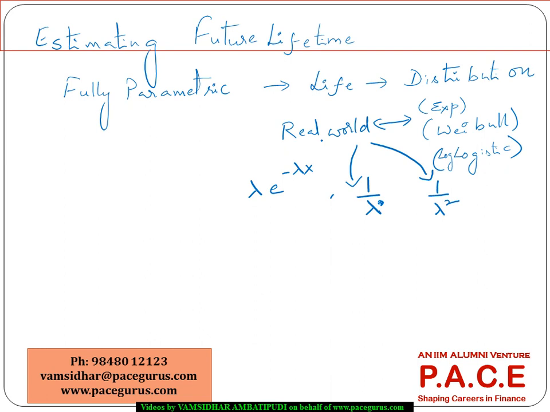But in the real world, if the fitment is not that good, especially with a lot of complexities involved in real world data, then depending on the distribution we choose, whether exponential, Weibull, log logistic or log normal, the survival function itself would be modeled completely wrongly.